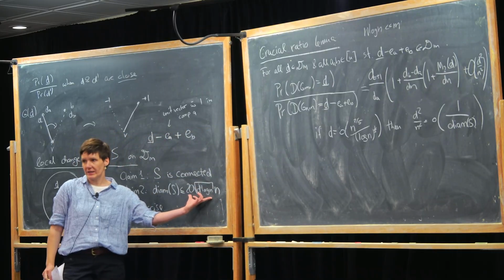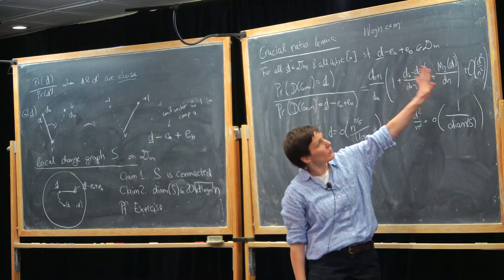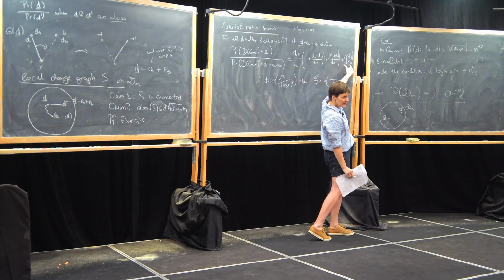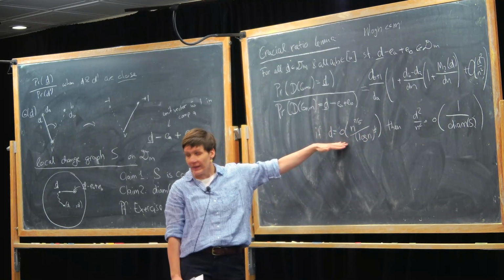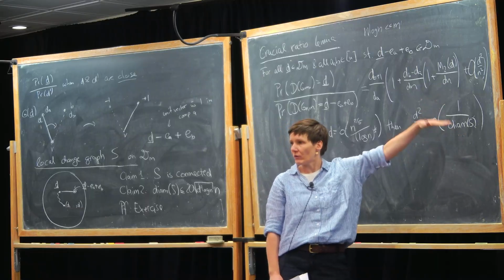Whatever the formula is, the point is the error is D squared over N squared, and if D squared is not too big, then this is little o of 1 over the diameter.